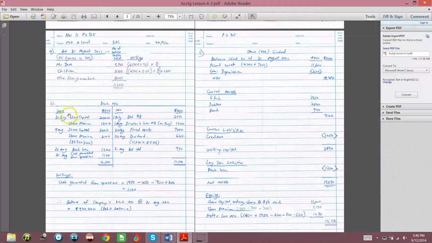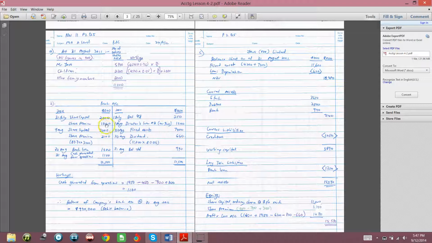So that means you debit bank 2 million, credit ordinary share capital 2 million. So the shares were issued at a premium. The children bought the shares at a premium of 50 cents each. So 50 cents each times 2 million ordinary shares will total 1 million.